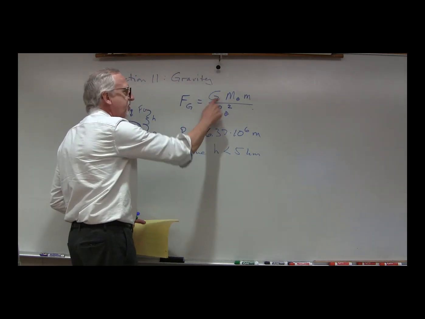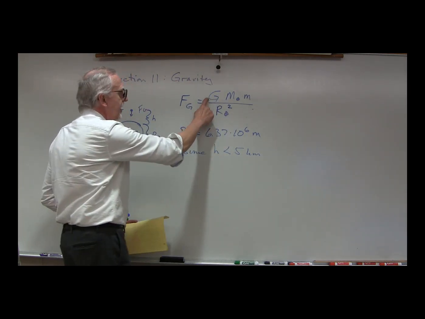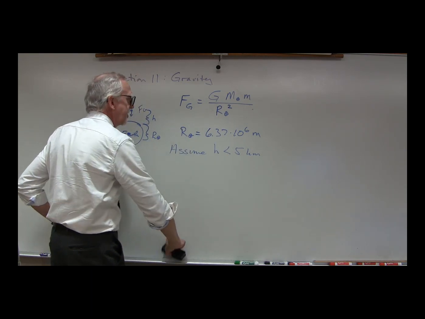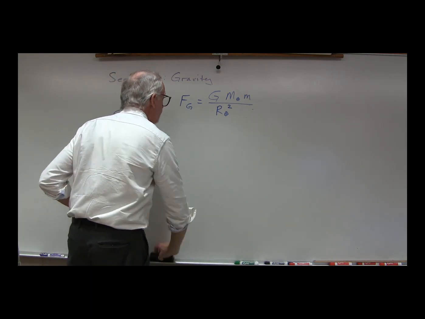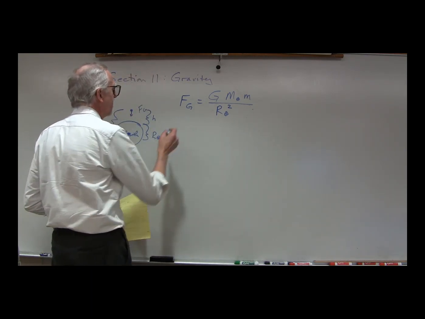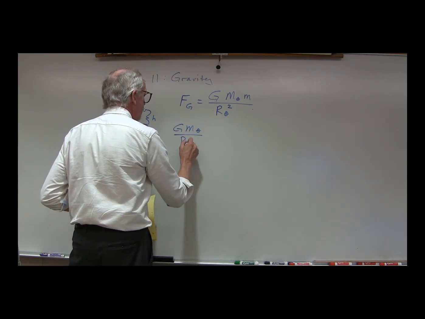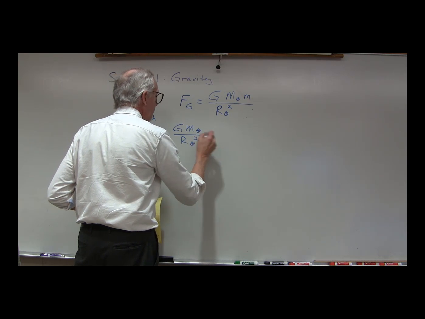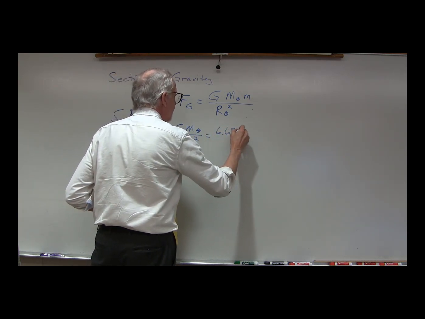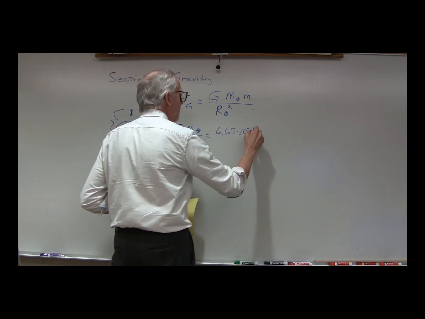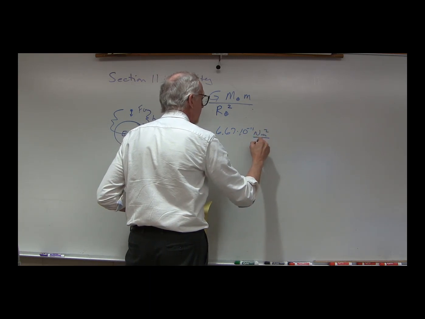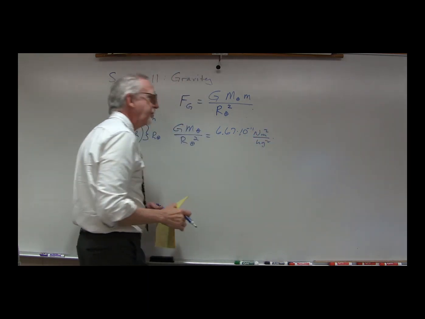Well, let's figure out what's the value of that G, mass of the Earth, over radius of the Earth squared. And what do we get? G, mass of the Earth, over radius of the Earth squared. That will be 6.67 times 10 to the minus 11 Newton meters squared per kilogram squared, times the mass of the Earth.